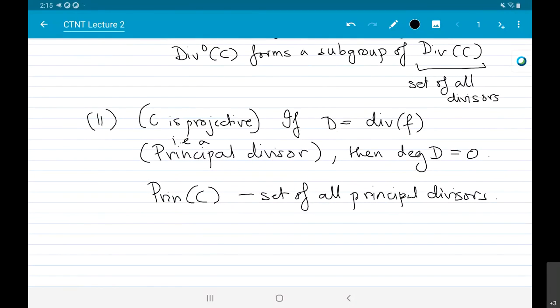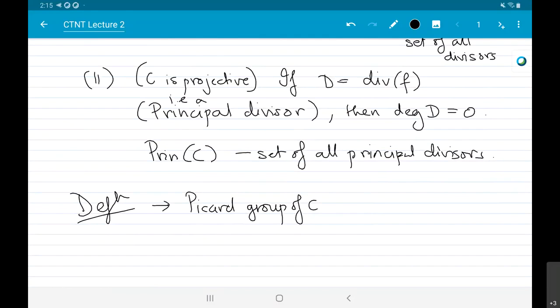Awesome. And now is the big definition. The first one is called the Picard group of C. This is defined as the set of all divisors on C modulo the principal divisors, so you quotient out by the set of principal divisors.